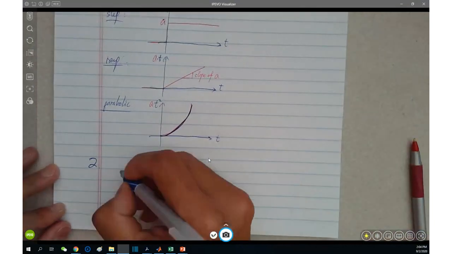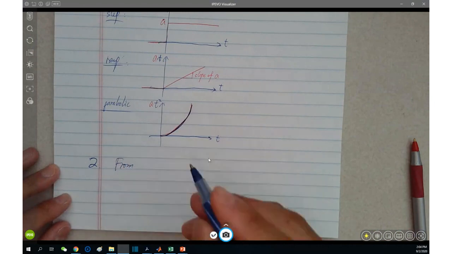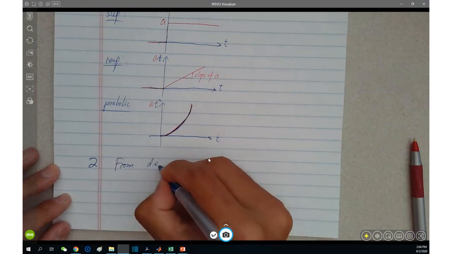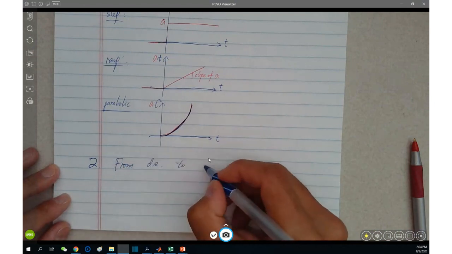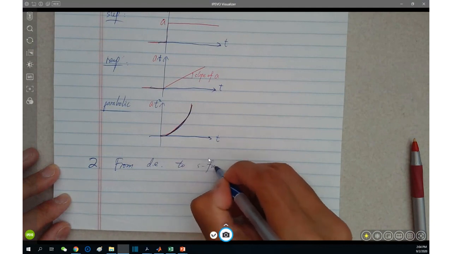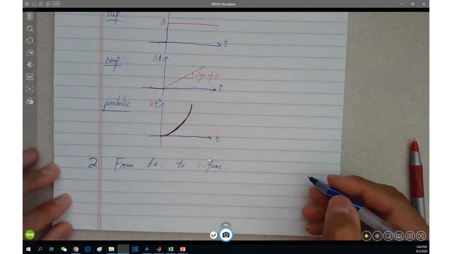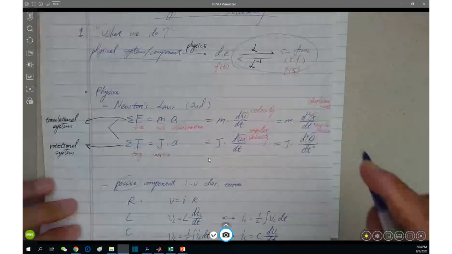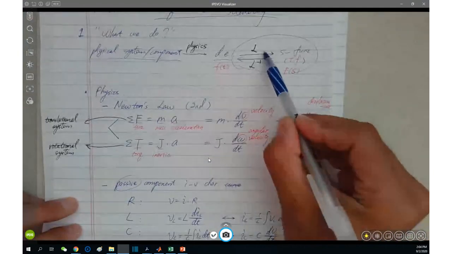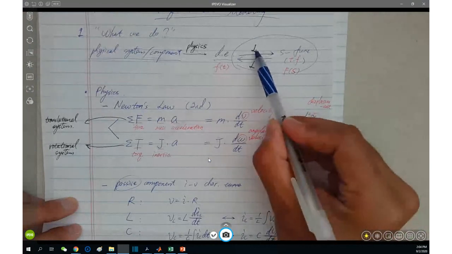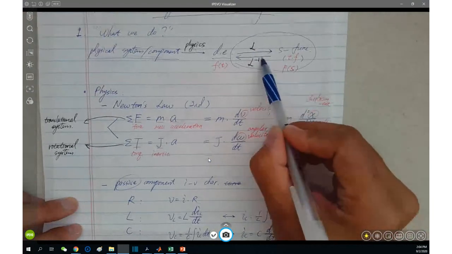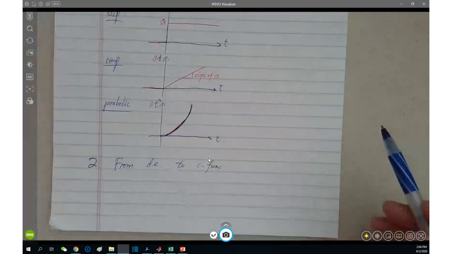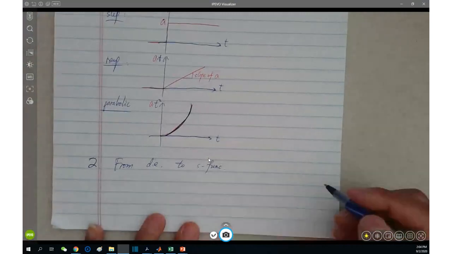Let's now talk about going from differential equation to S function. This is one way. Remember this one, the top one, followed by the bottom one, of course.